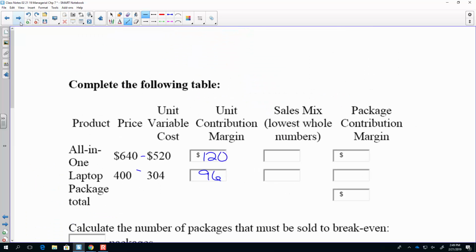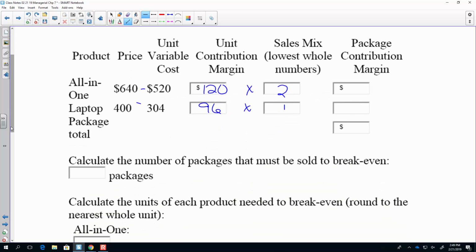So therefore my mix then is going to be 2 to 1. My package margin then is 240 to 1 or to 96 total. 336 per package.